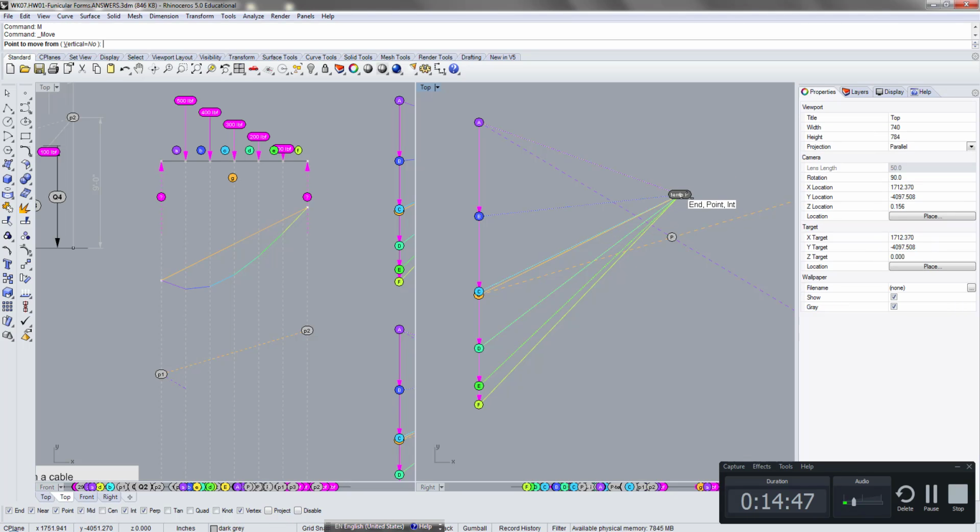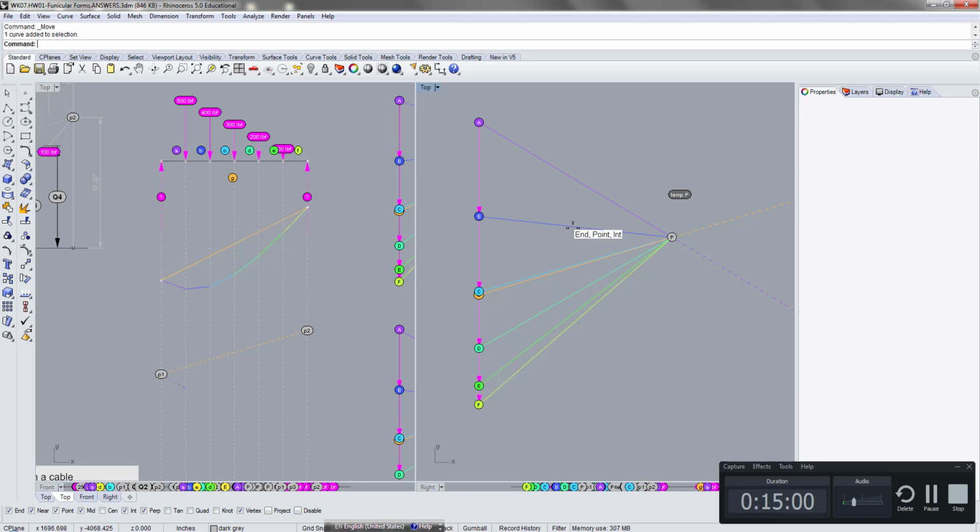We're going to move the point P from the temporary point to the actual location that we just determined. So that's basically our new force diagram.